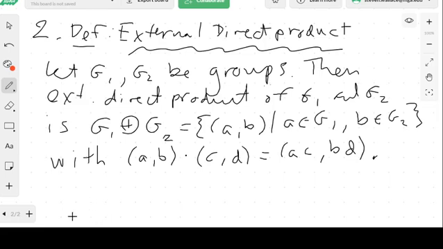And it definitely is, because it's associative in each component.